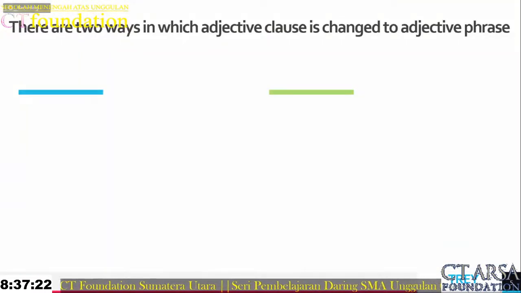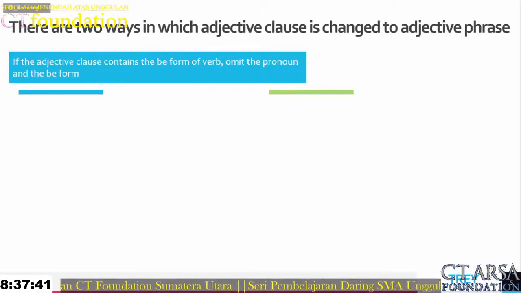All right, there are two ways in which an adjective clause is changed into an adjective phrase. There are two ways when we are reducing an adjective clause to be an adjective phrase. How? Number one, if the adjective clause contains the be form of a verb, there is be or to be there, omit the pronoun and the be form.